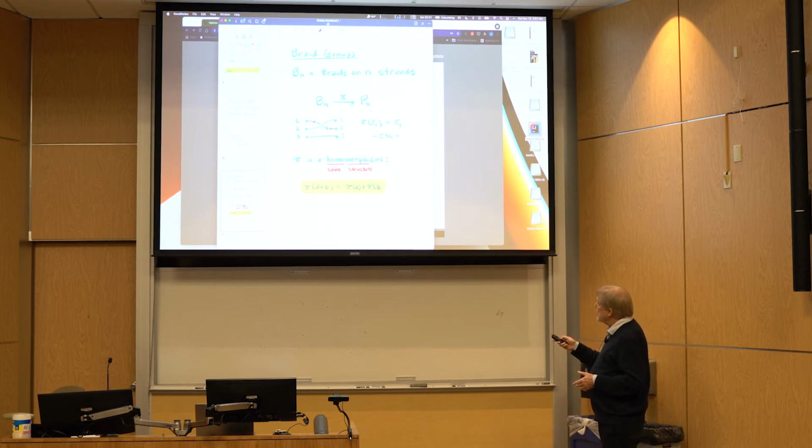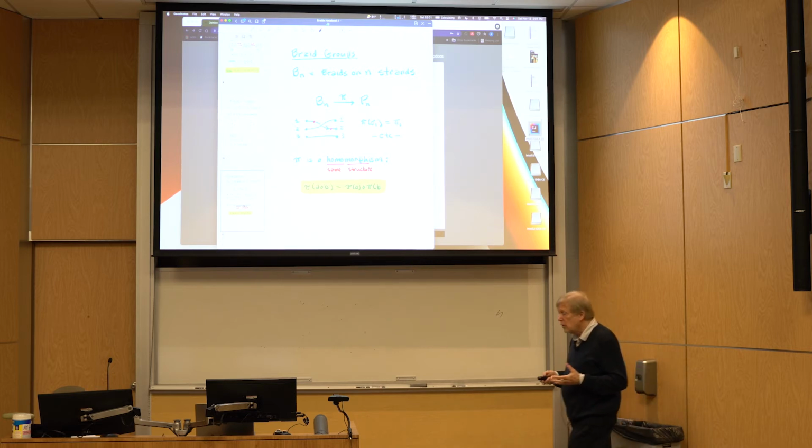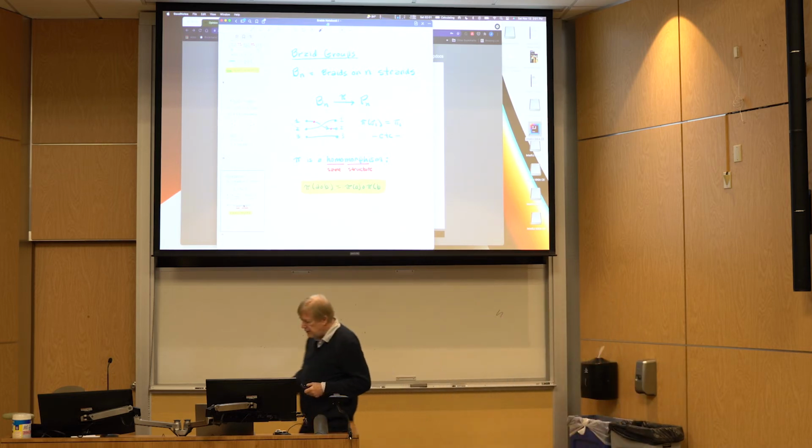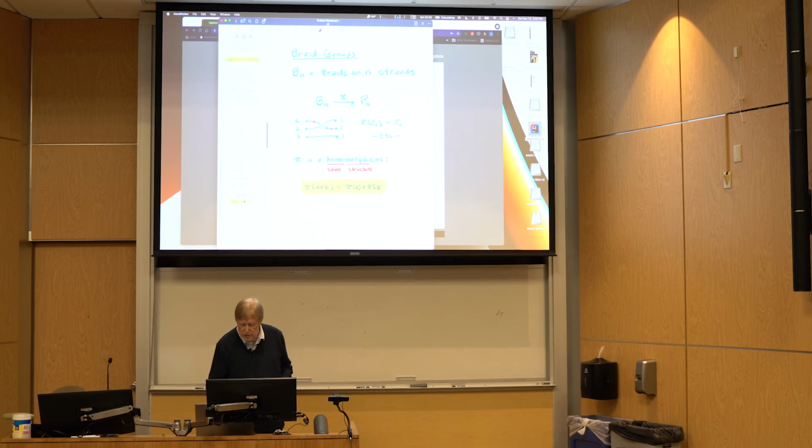Namely, the permutation associated to A circle B is pi of A circle pi of B. The fact that it's compatible with composition of braids or composition of permutations allows you to do many interesting things. In particular, it's going to allow us to say that certain braids are non-trivial, or that the braid group in general is a non-trivial group.